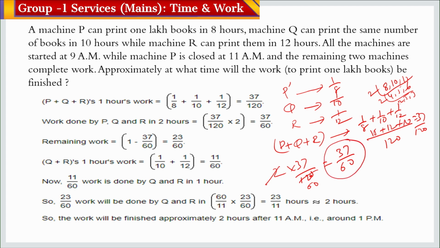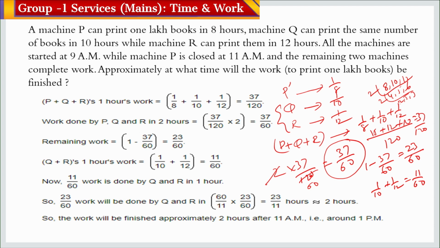What is the remaining work? 1 minus 37 by 60. 60 minus 37, it is 23 by 60. Correct? So, 23 by 60. And Q plus R's work in 1 hour, that is 1 by 10 plus 1 by 12, is 11 by 60.